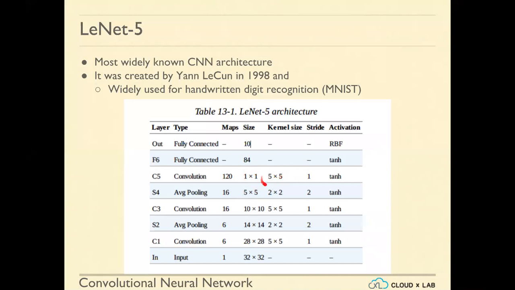But there are multiple such kernels. There are 120 such kernels applied again and again on this layer, and hence 120 pixels are generated here. So the size of this layer is 1 by 1 into 120. All right. Was I able to answer your question?